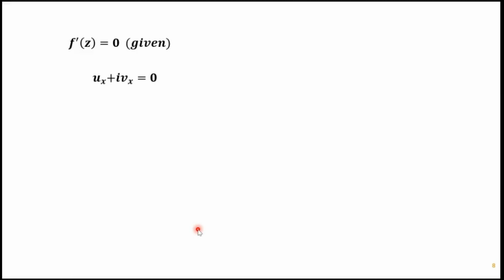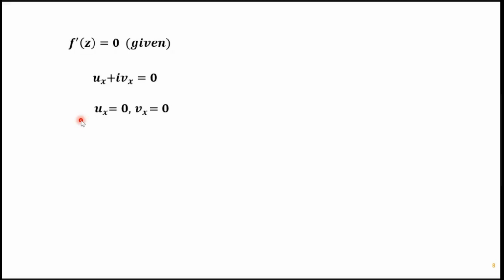Only if the real part is equal and imaginary parts are equal. So if I equate, I will get ux equal to 0 and vx also equal to 0. So ux is 0, vx is 0. Now since the function is analytic, what can you say about uy and vy?